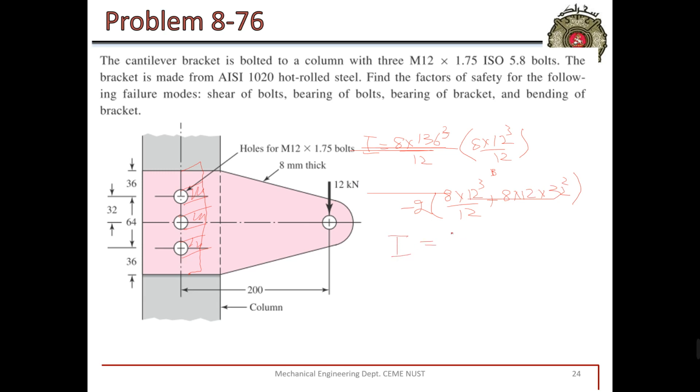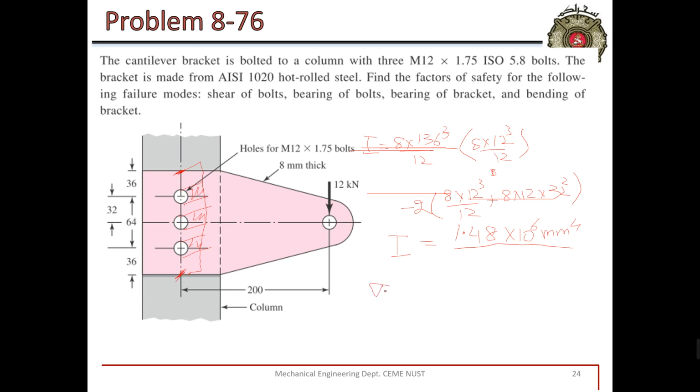The value of I comes out to be 1.48 into 10 power 6 mm^4. We have I, we know the magnitude of M, 2400, and we know c, where the stress will be maximum, at this point, compression or tension.